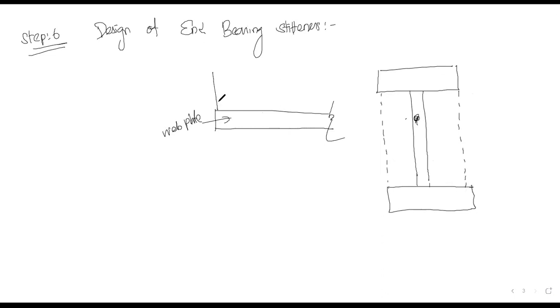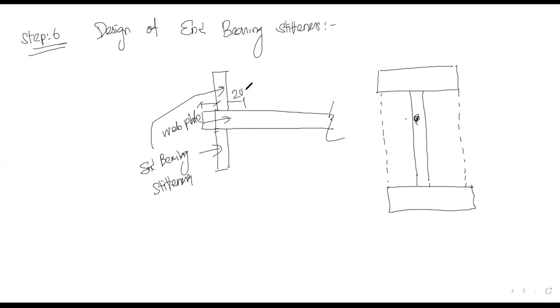On either side, I'm going to give the stiffeners, that is end bearing stiffeners. So these two are end bearing stiffeners.